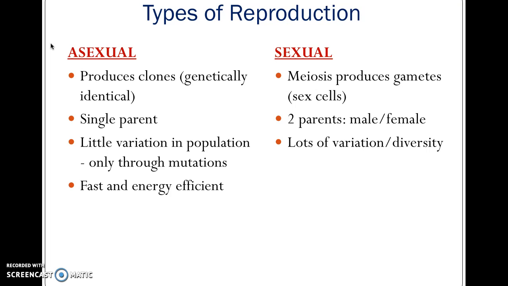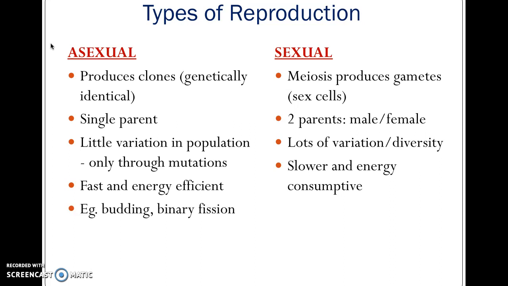Asexual reproduction is, in terms of ATP, in terms of energy consumption, a fast and energy efficient method of reproducing for these simple organisms. Sexual reproduction, making multicellular organisms, billions, trillions of cells, is a slower and very energy consumptive process.